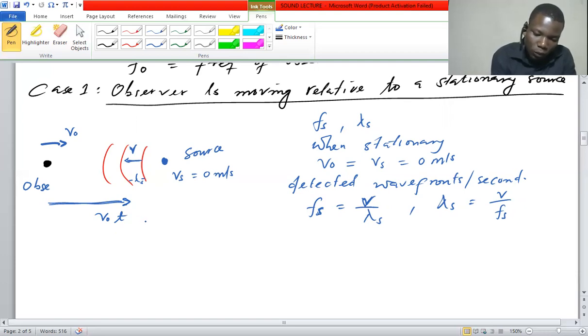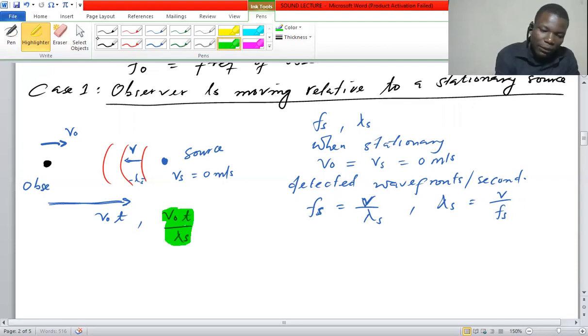And in this interval of time, he is going to detect the wavefronts, which will be v naught t over the wavelength. Okay, now the wavefront per second, meaning we're going to get the wavefront per second, since this is the wavefront that is going to be detected after covering a distance of v naught t.